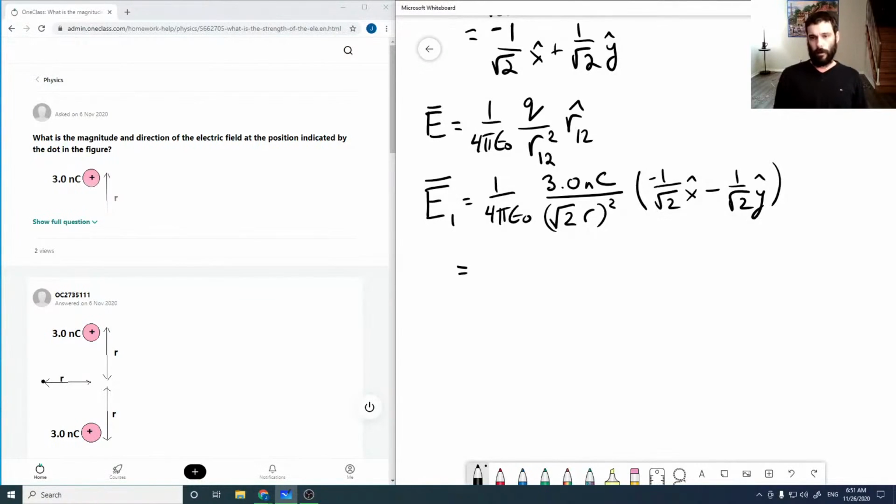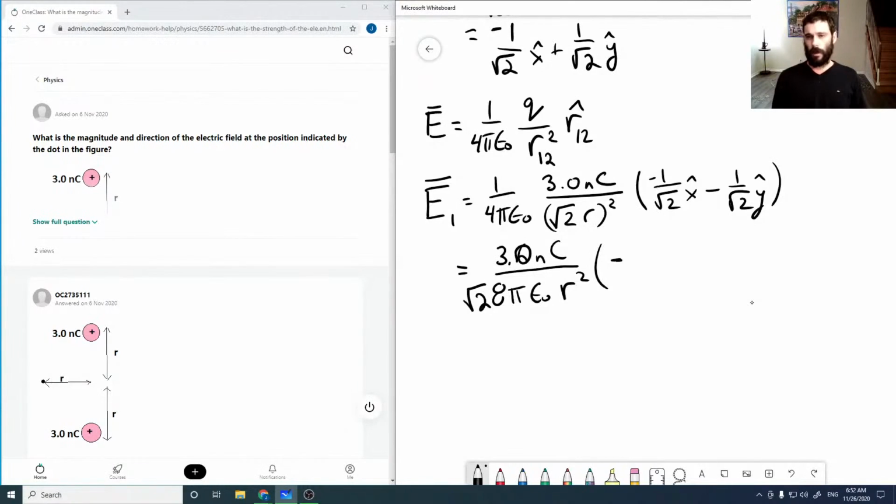And so this will be 3.0 nanocoulombs over, so root 2 squared is going to be 2, so this will be 8 pi epsilon naught r squared. So that's just this piece. And I might as well pull the root 2 out just for simplicity here. So throw the root 2 out front.